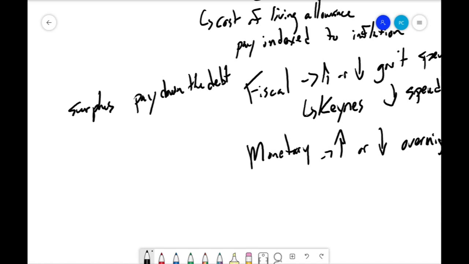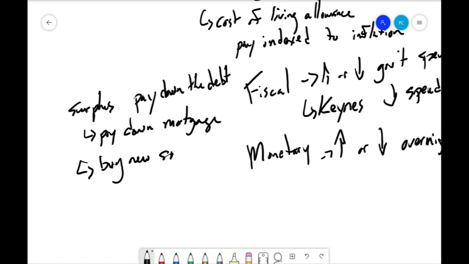That would mean you're in a surplus. So in terms of a personal choice, what should you do? You should pay down the mortgage when you have that excess money. What do a lot of people do? Buy something new.